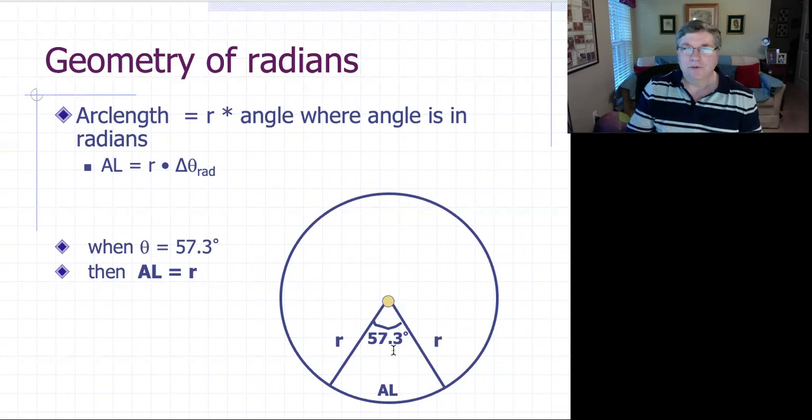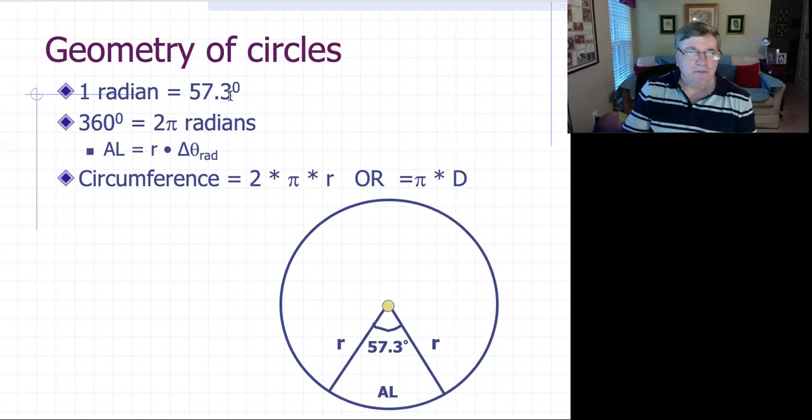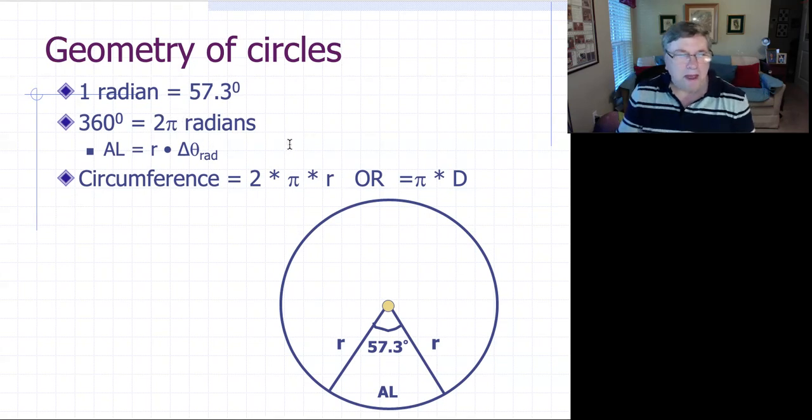That's 2 times 3.14 or 6.28. So a circumference is basically an arc length for an entire circle. Pretty cool. If you forget they're 57.3 degrees in 1 radian, then just remember they're 360 degrees in a full circle. So that's equal to 2 pi radians. And then you can go from there.